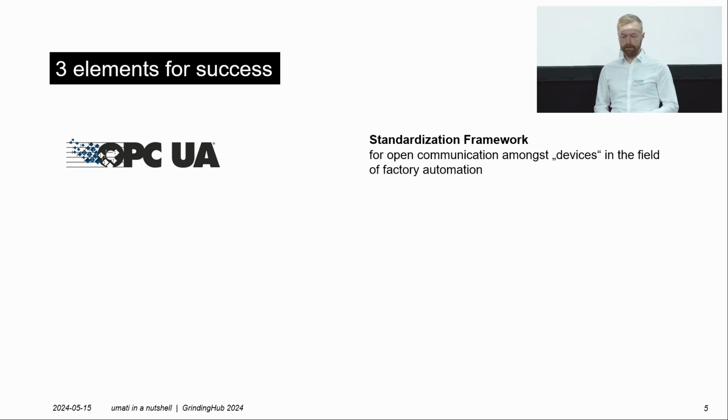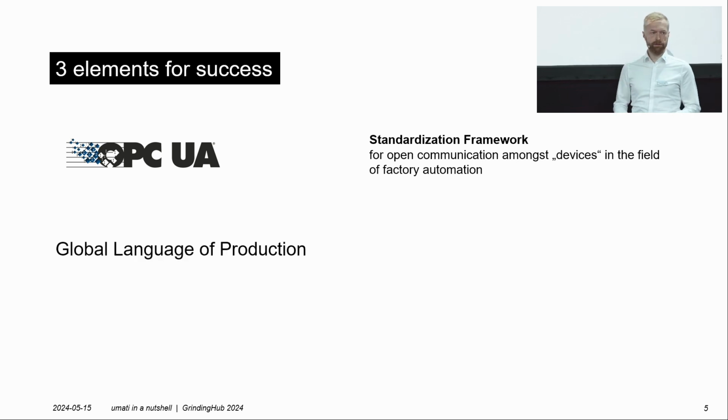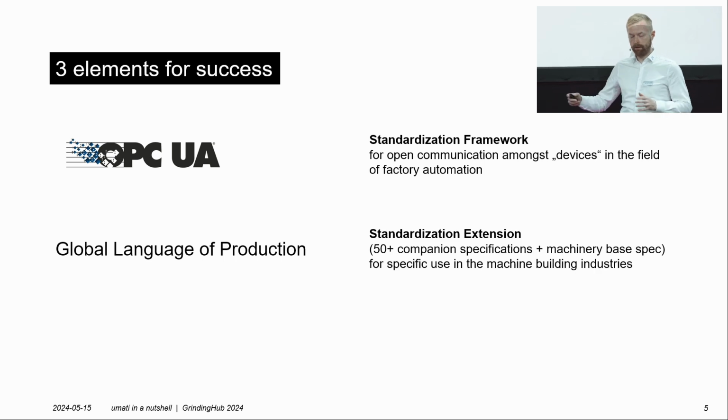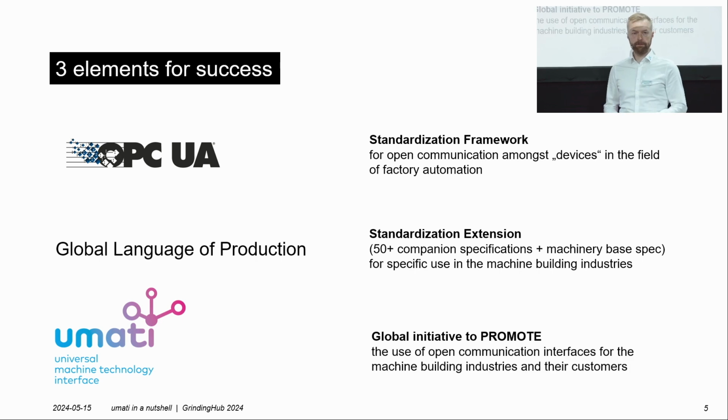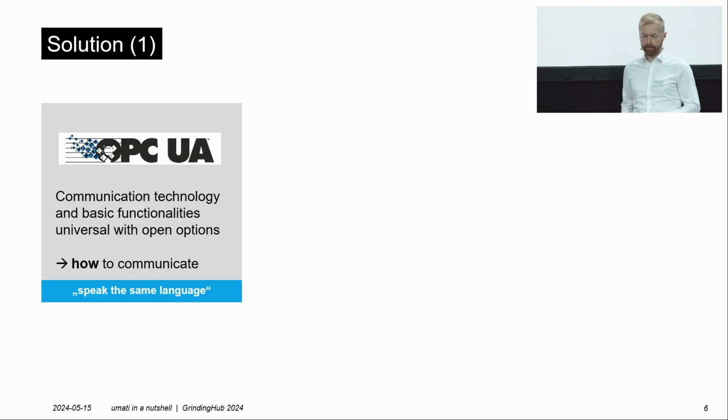First of all, it's the OPC UA as a standardization framework. The second is the global language of production, which is a set of the extension of the standard specific to the different machine building industries. And third is Umati as a global initiative to promote this standardization and the open standards.